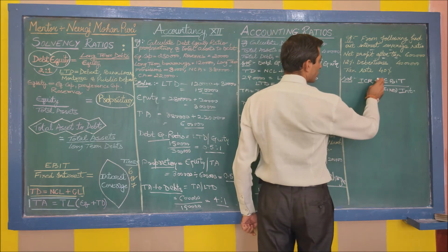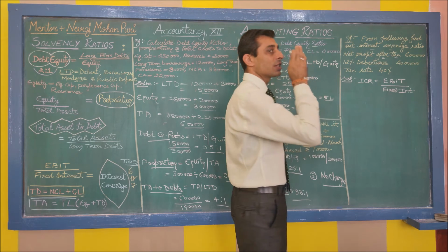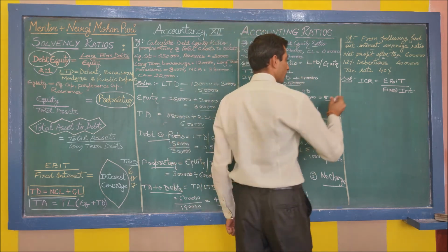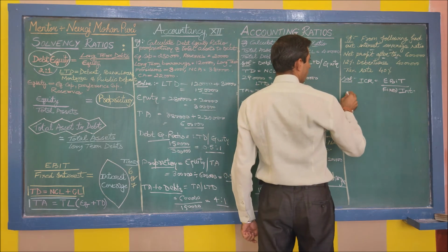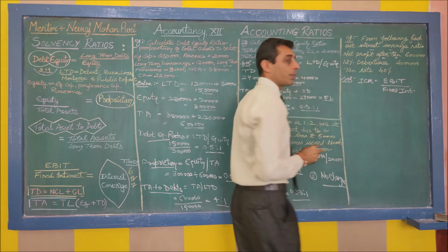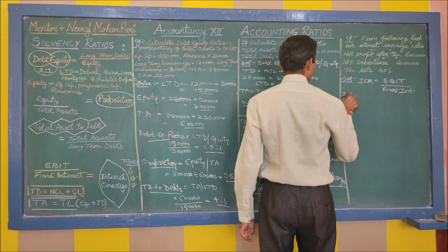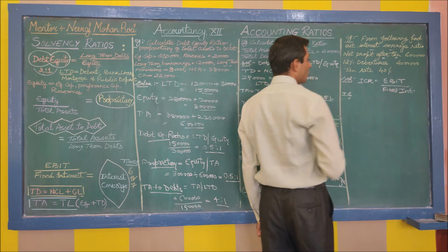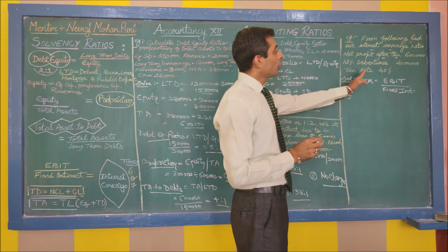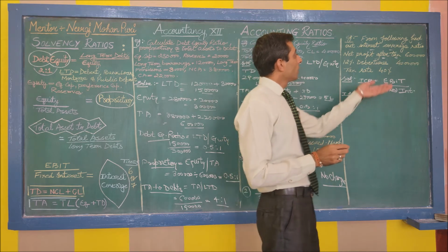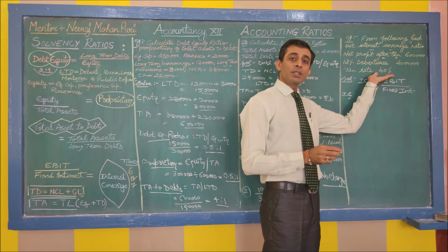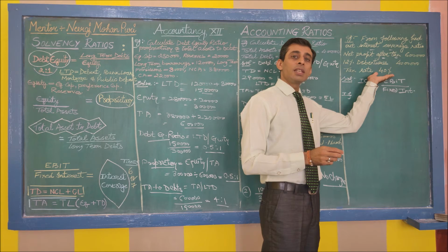So let's do that. First of all, we will calculate the profits before taxes. Here it is given that tax rate is 40%. Means if out of tax is 40, we mean that 60% of it is the profit.